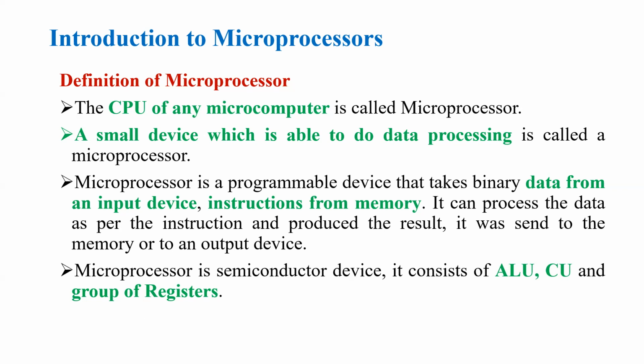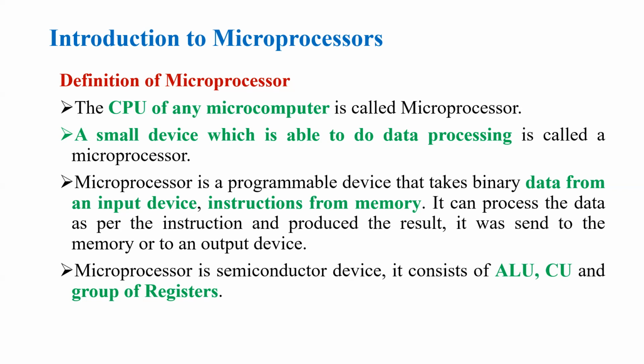Coming to another definition, a microprocessor is a semiconductor device. It consists of an ALU, a CU, and a group of registers. It is also related to the first definition, because there we mentioned that a microprocessor is the CPU of a microcomputer. What does a CPU contain?